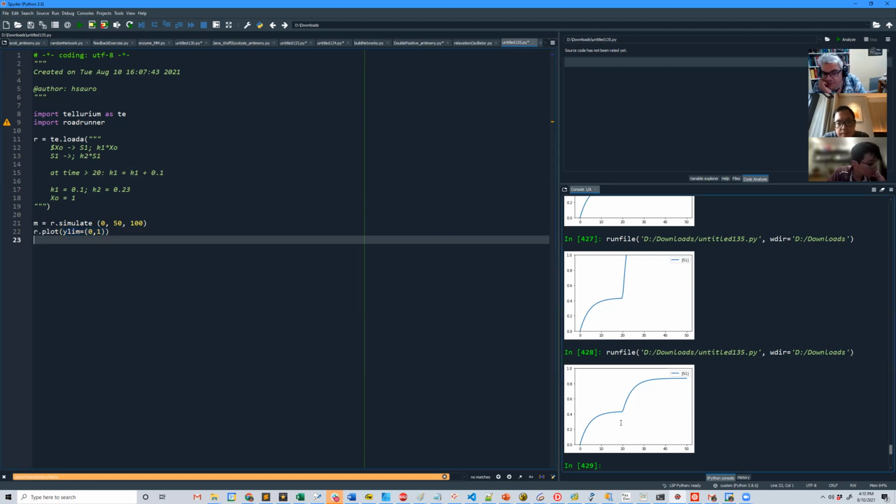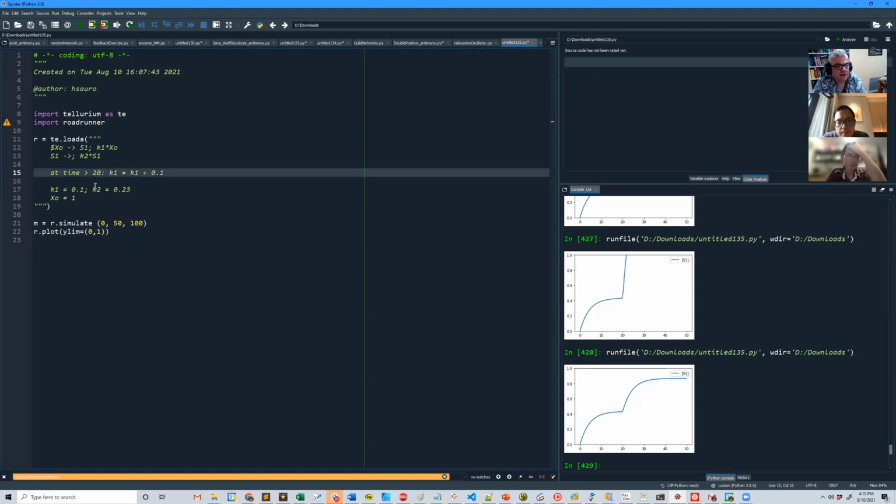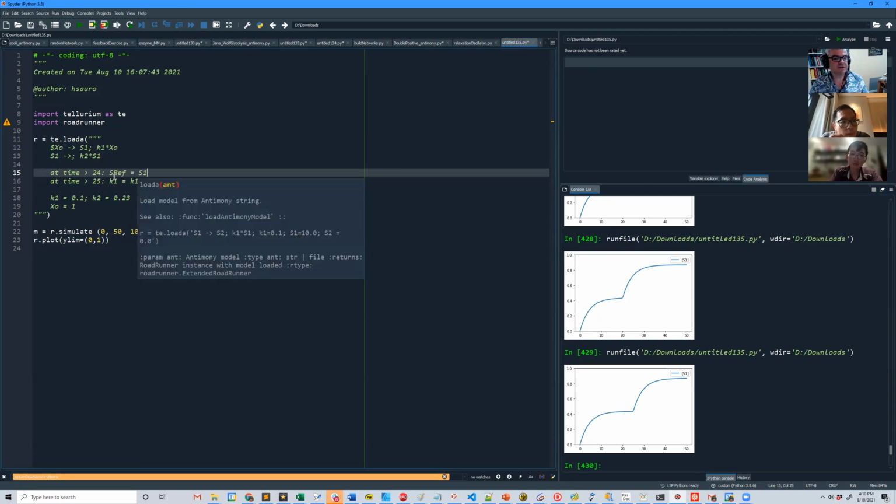So this is a perturbation you can see here, right? But let me move it on a little bit because it's not quite a steady state, I guess. There you go. So the other thing I could do is at time greater than 24, I'm going to record it. I'm going to go sref equals S1, okay?